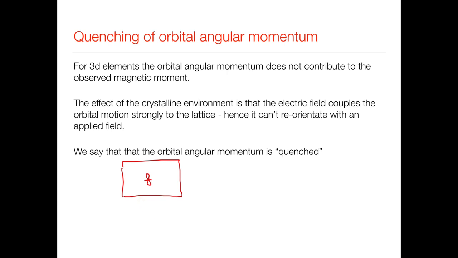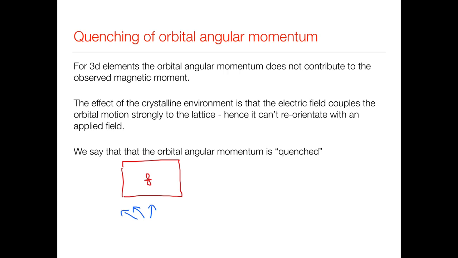What we'd expect is the magnetic moment should be able to follow that. It should be able to change and turn as we apply the B field. But in the case of the 3D, this orbital is locked in place by the electric field in the crystal.